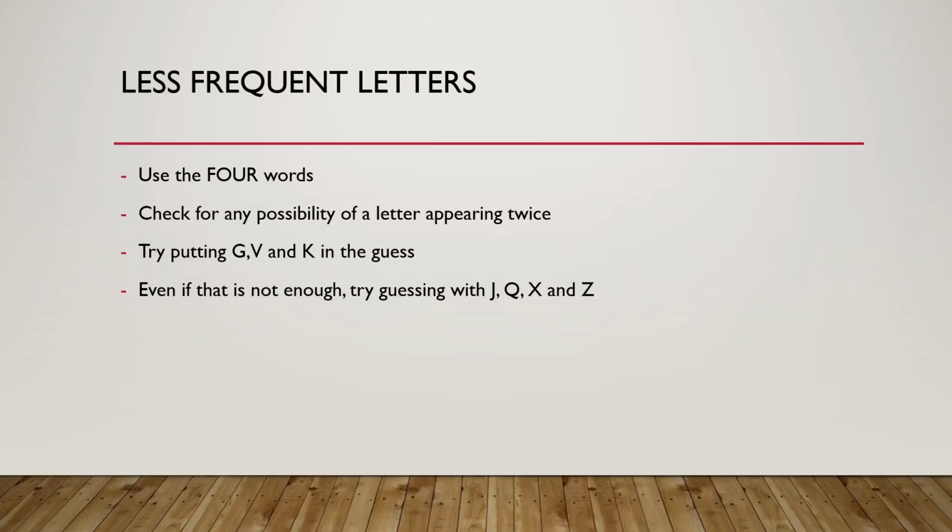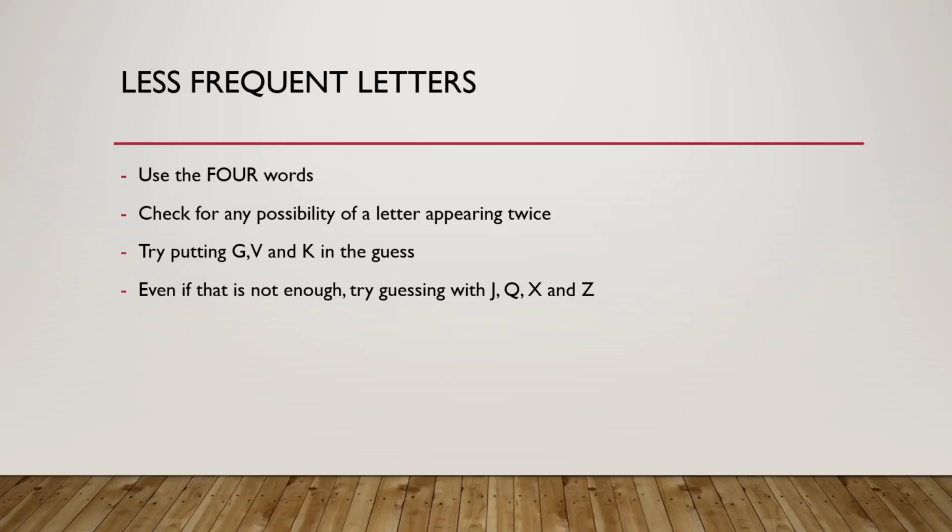Now coming to those words where there are less frequent letters in the word. Basically what we are doing is using the four words already, and then out of those four words we are checking the possibility of any letter appearing twice.